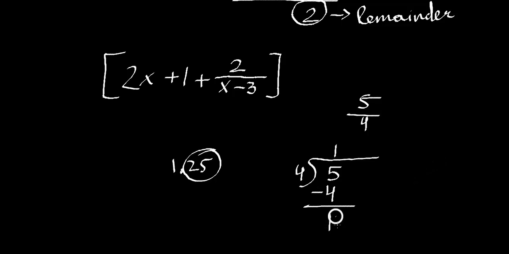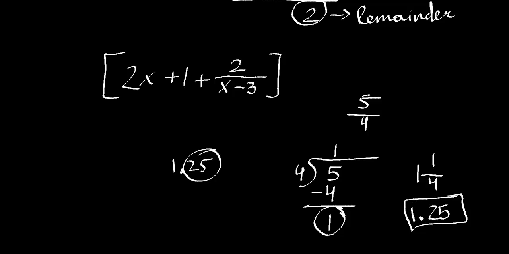See, what happens is, you have your 1. If we do that thing that I was talking about, taking the remainder, because 1 is the remainder here, right? 1 over the divisor, you get 1/4. And if you change this to decimal form, 1/4 is 0.25. And that's how you get your answer.